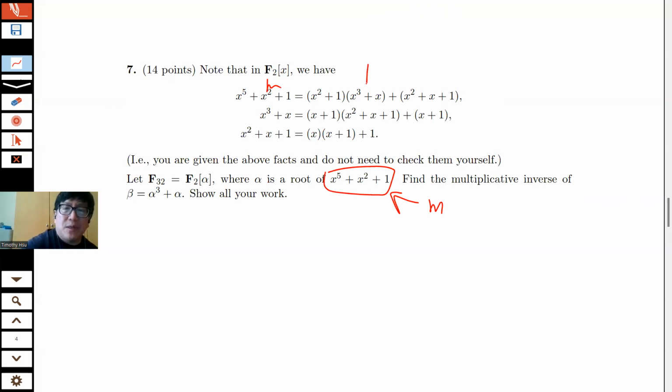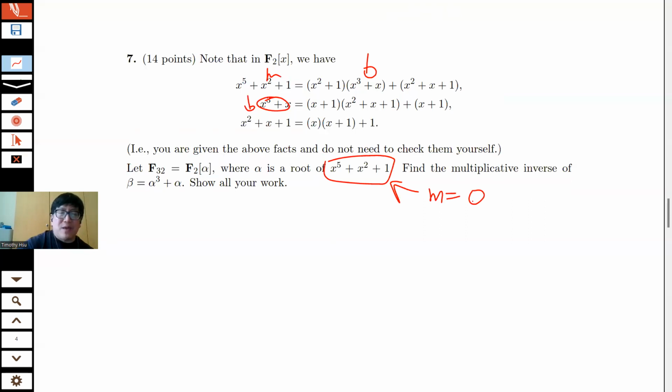And so our B is over here. And this is also B. Okay, and this is m equals 0 mod x to the 5th plus x squared plus 1. So we're going to find the multiplicative inverse of beta, and we do that using Euclidean reduction in the following way.